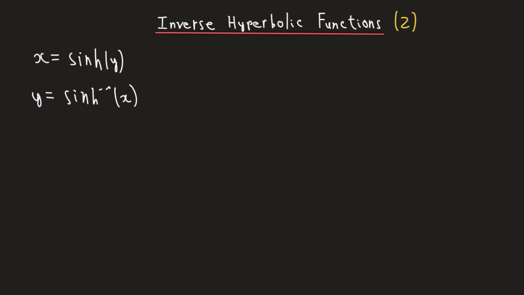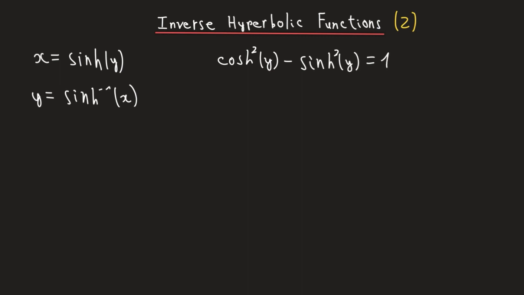Now what we do is we use the fundamental identity when it comes to hyperbolas, which is that cosh squared of y minus sinh squared of y is equal to 1. Sorry, I forgot the squared over here.